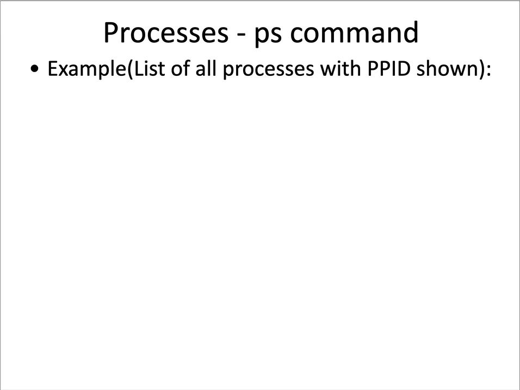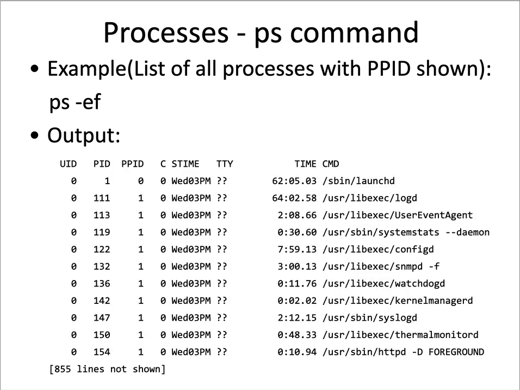If we want to list all the processes and we care about seeing the parent process ID, we can do that by adding -ef. And when we do that, we will get output that looks like this. So we have the UID, the numeric value of the user that's running it. 0 is root.